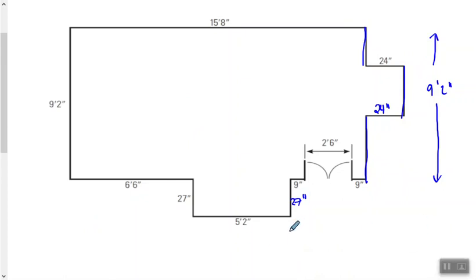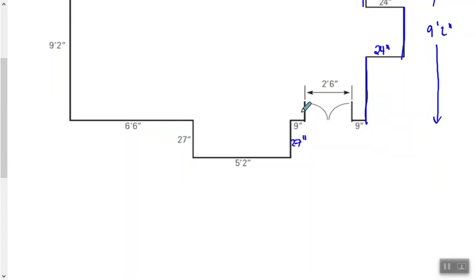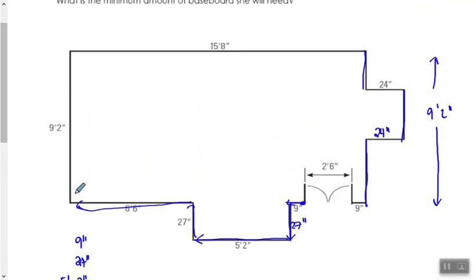And then same thing, we're going to add our feet together and our inches together. Scrolling down. And just pick somewhere to start so you just go along the whole way. So let's start here and go this way. So first we have our 9 inches and 27 inches. Then 5 feet 2 inches. Then 27 inches. Then 6 feet 6 inches. Nine feet 2 inches.